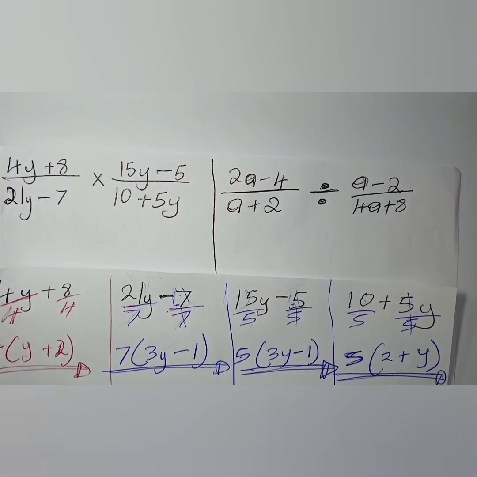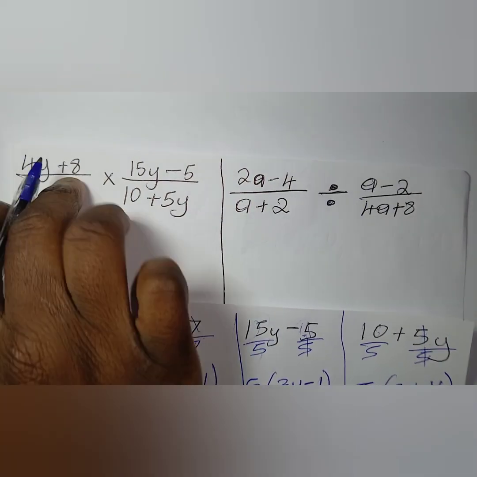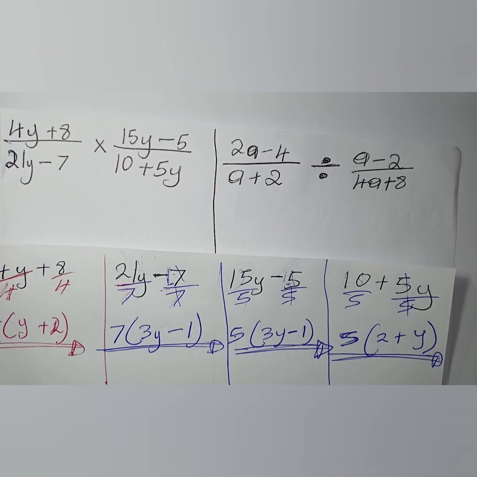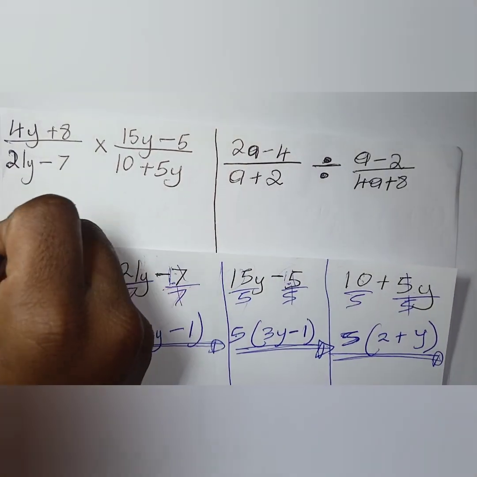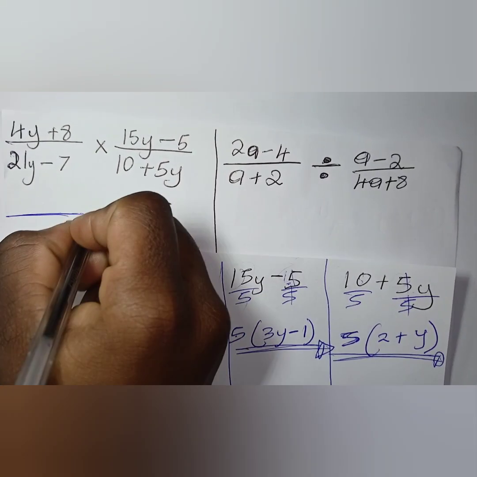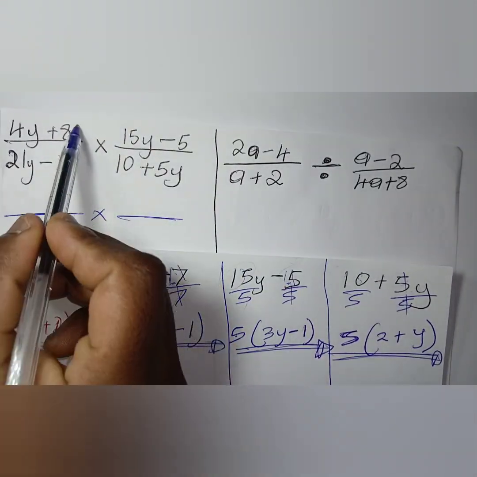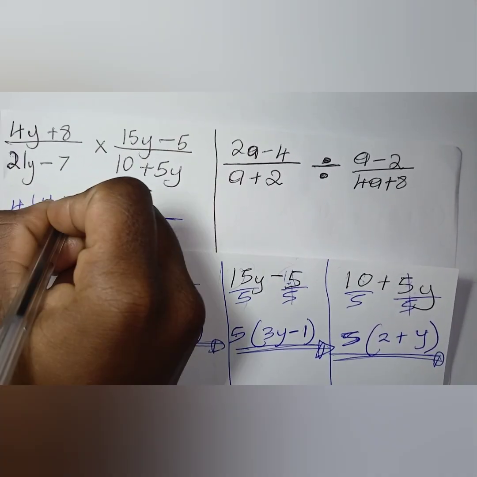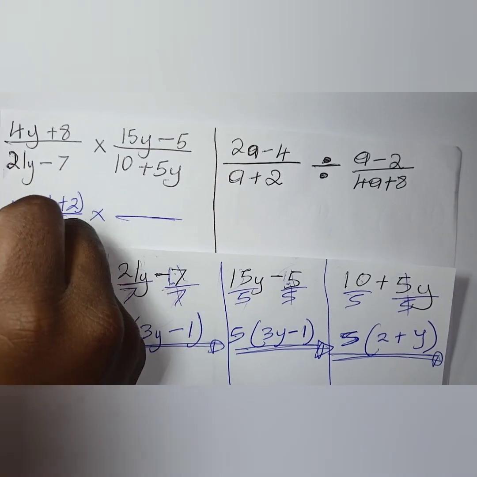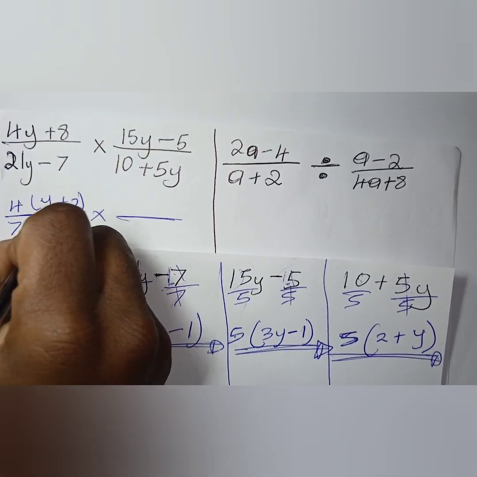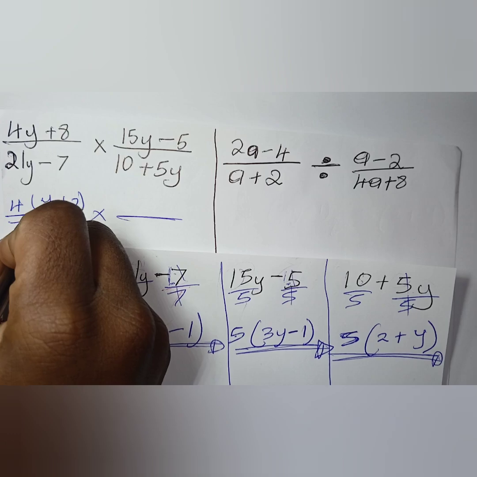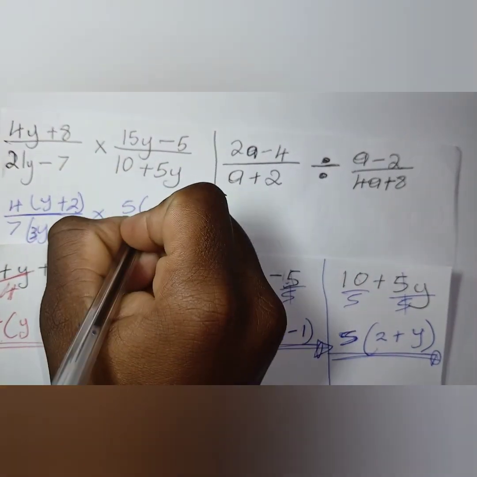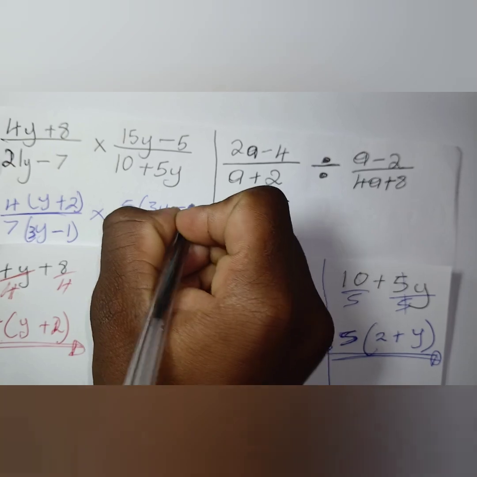So now I approach this question by applying all these factorizations, I can just substitute now and say multiply. If I factorize this, I take 4 as my common factor, it will be y plus 2. If I factorize that, I take 7 as a common factor, it will be 3y minus 1. Then here the common factor is 5, 3y minus 1.